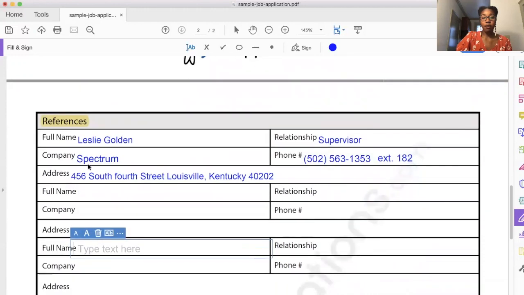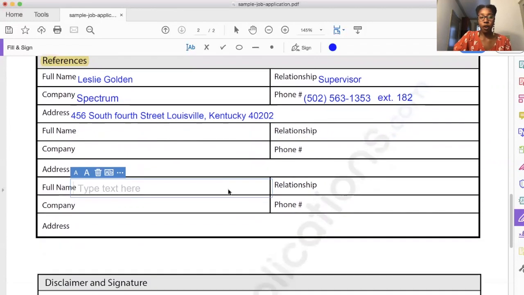Then we also have references who can also tell more about our responsibility at work.